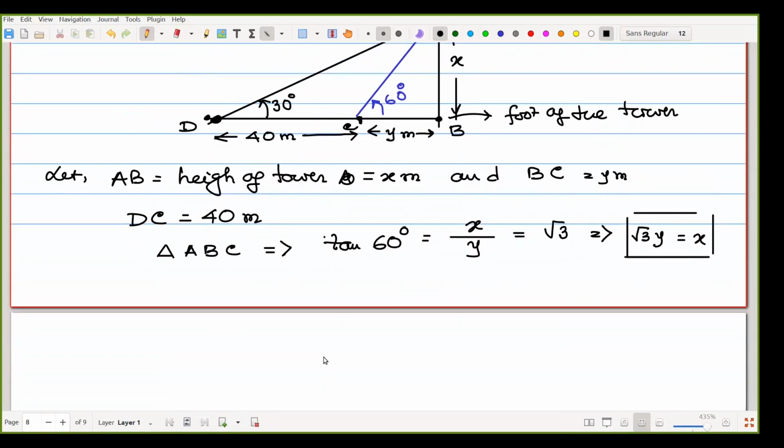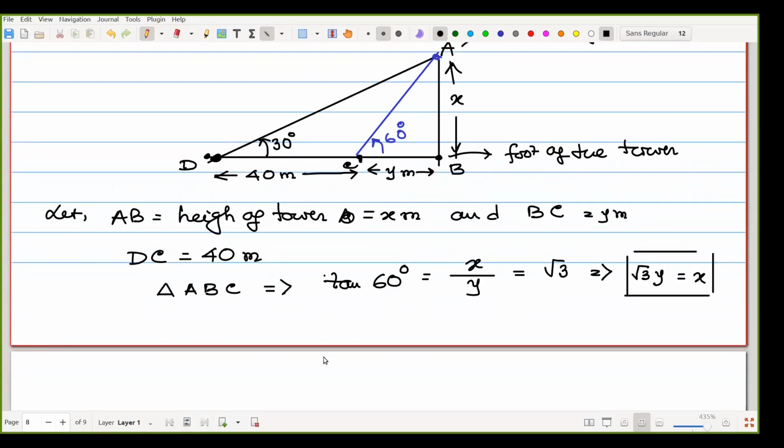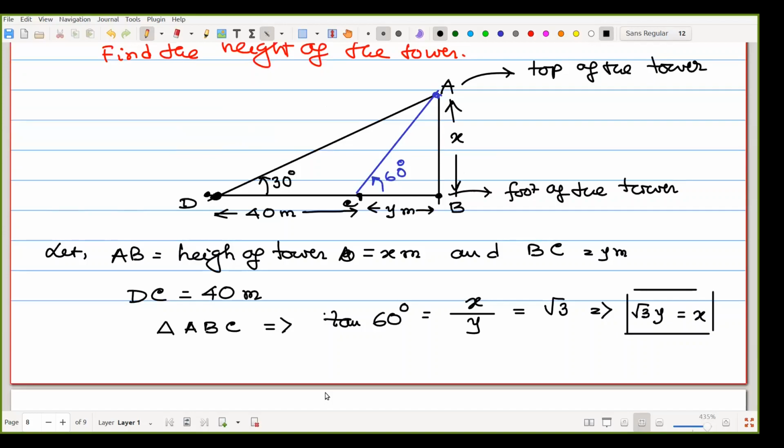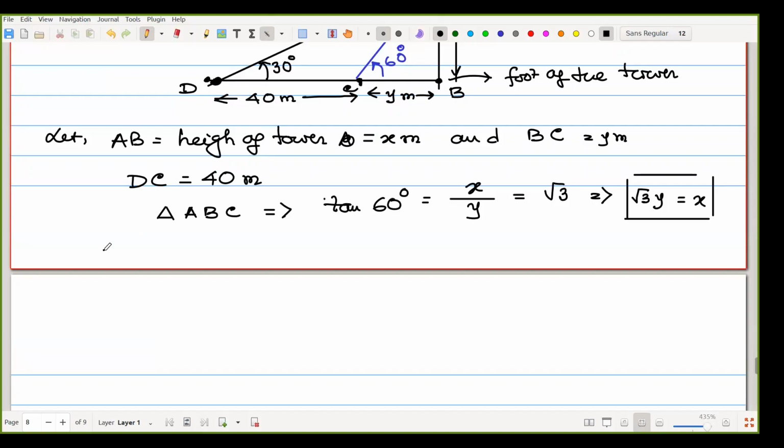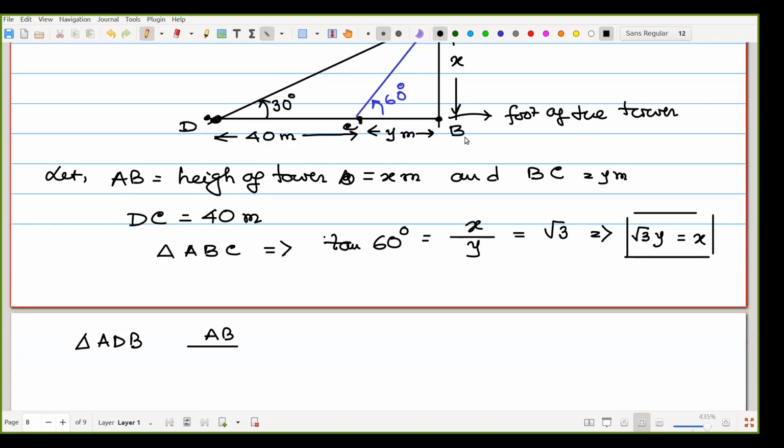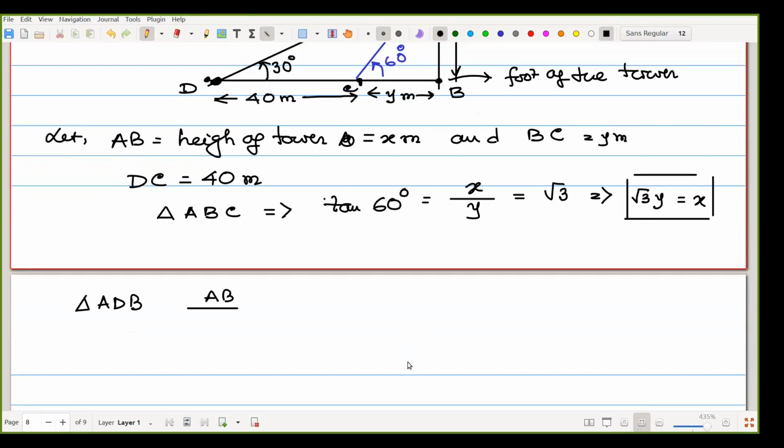Next, once again, check the triangle. In the right angle triangle ADB, we have AB divided by BD, that is tan 30 degree.